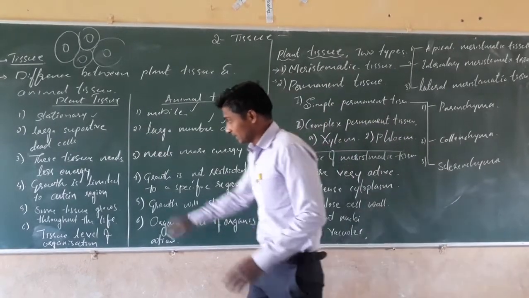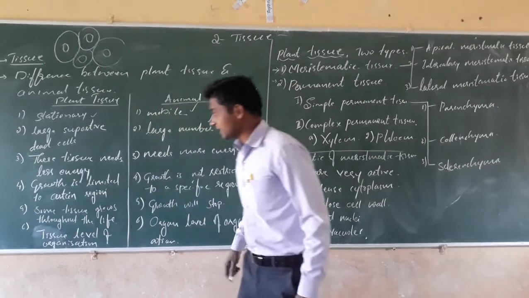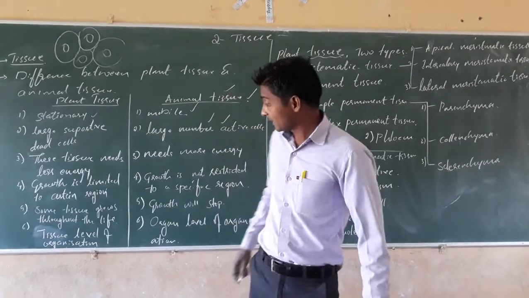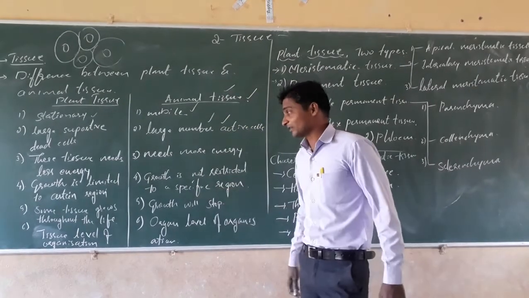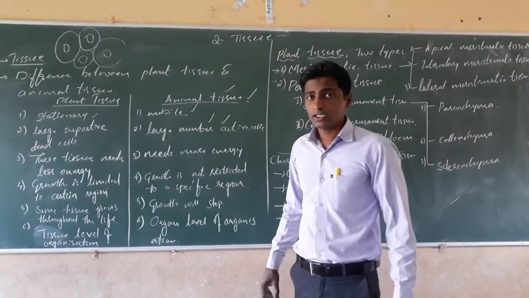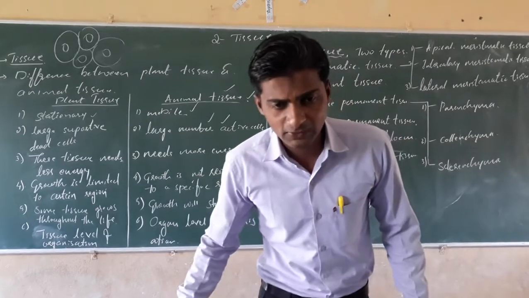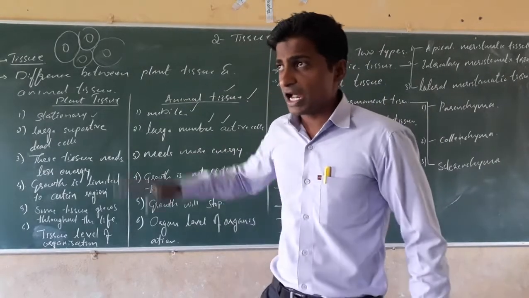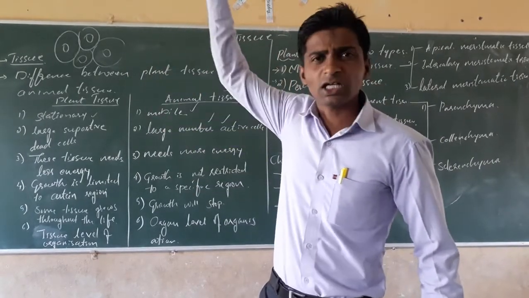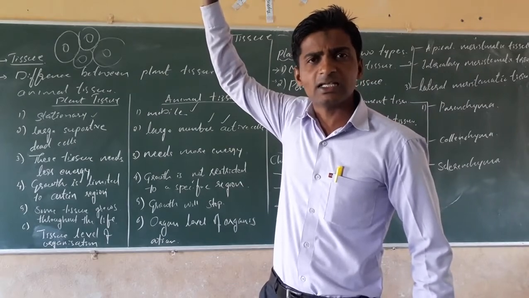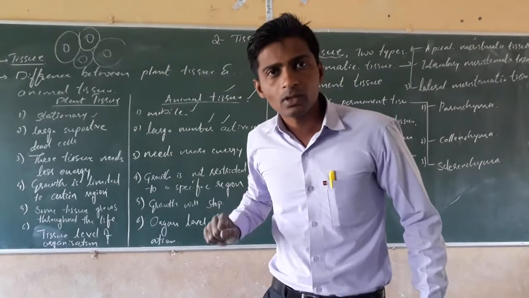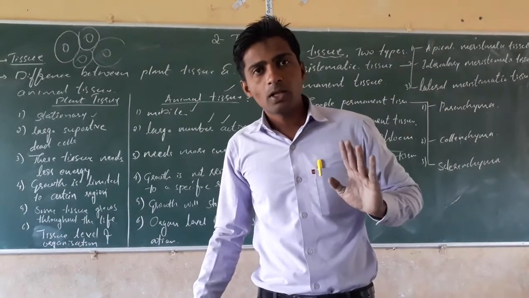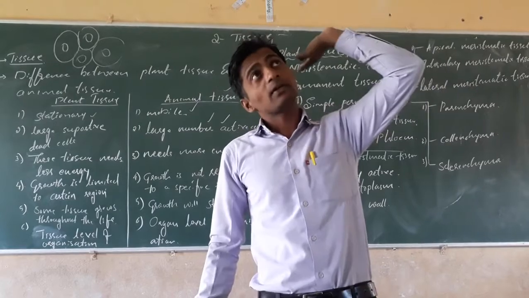The next, dear students: in animals, growth is limited, whereas here growth is not restricted to a specific region. See what happens, dear students? In case of plants, one more point I am telling you. Plants show growth continuously until the end of life. Every year you see the growth of plants; huge plants grow again during the rainy season.